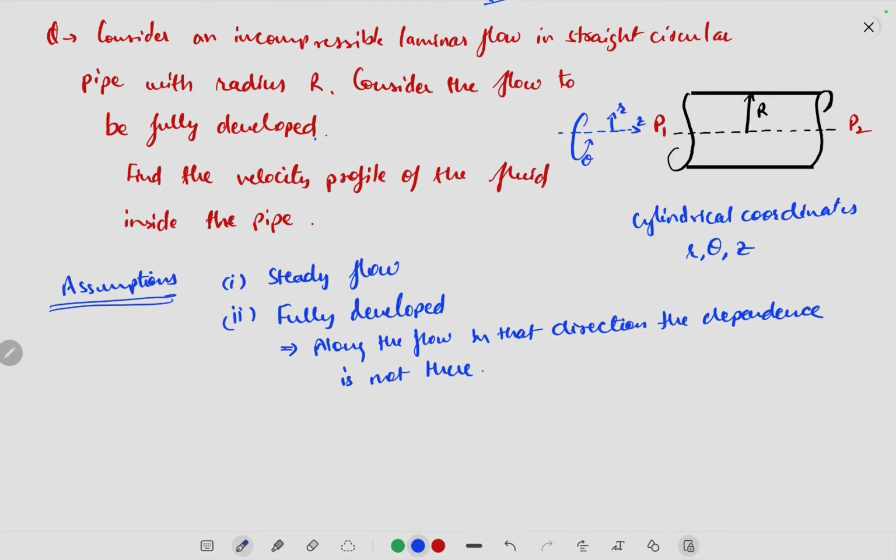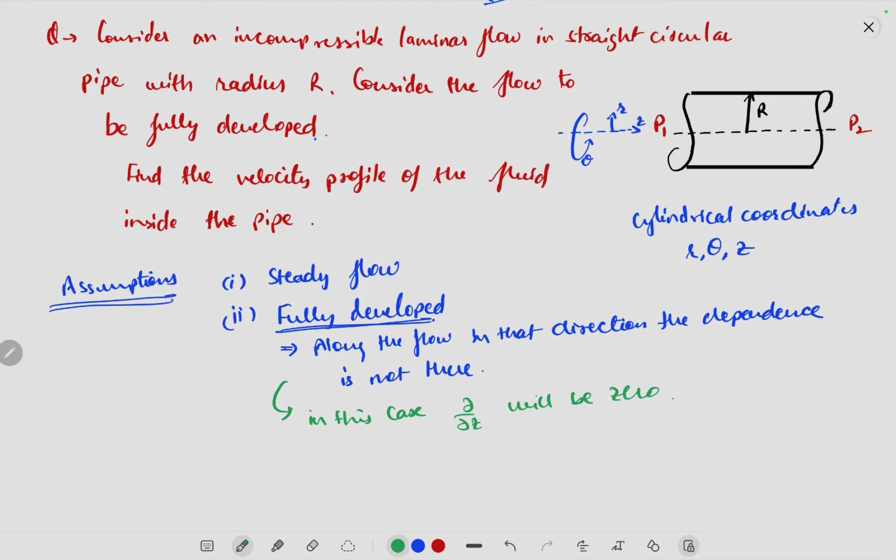Okay, so if it is fully developed and we are focusing on only the part which is away from the exit and the entrance, then the flow in that direction will not have the dependence in that direction. So in this case, since the flow is in z direction, del by dz will be 0.